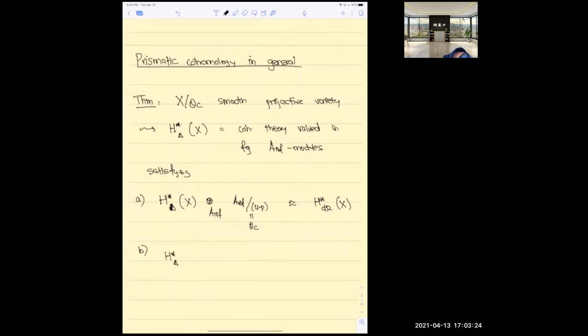If I take H star prismatic of X, invert U minus P, and then also complete it in the p-adic sense, then what I get is the singular cohomology of the complex fiber with ZP coefficients, with the caveat that I have to extend scalars to whatever my ring is. But it's a torsion-free algebra, so there's nothing happening there.